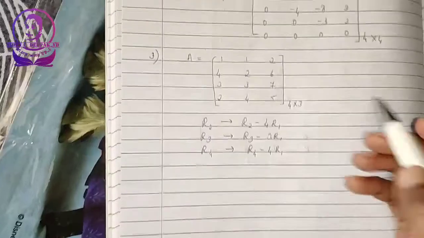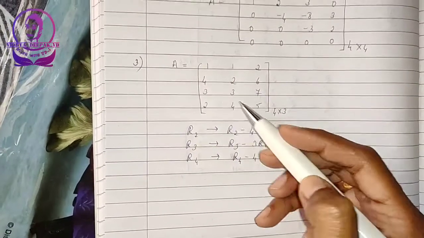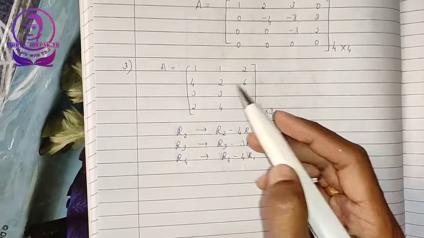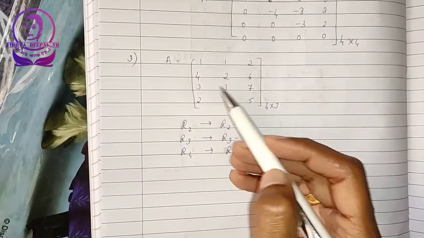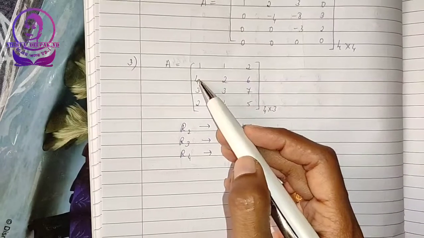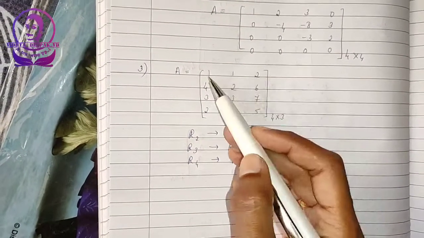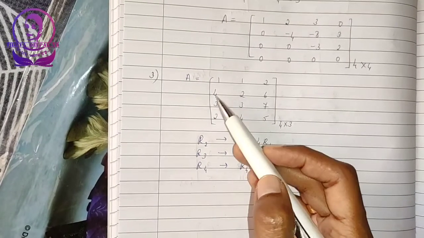Let us get into our next question. It is 1 1 2, 4 2 6, 3 3 7, 2 4 5. This is a 4 cross 3 matrix. Our aim is to first make this 0, these two 0 and these three 0. In order to make this 0, what do you have to do? Multiply R1 by 4, then it becomes 4 minus 4, 0.